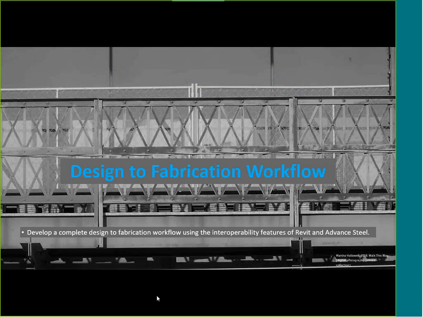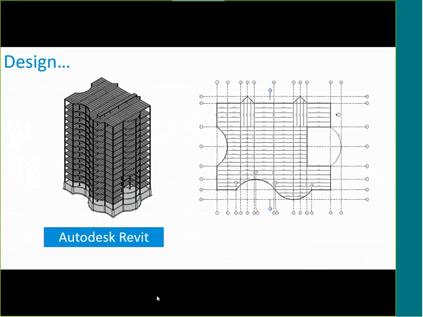You could see that there's great things that happen in Revit. There's great things that happen in Advanced Steel. We're not ready for just one program yet. So how do we get the two to talk to each other? Because as you know, Revit and AutoCAD aren't necessarily happy to talk to each other all the time. Every year, better and better, but you still have to do a bit of work.